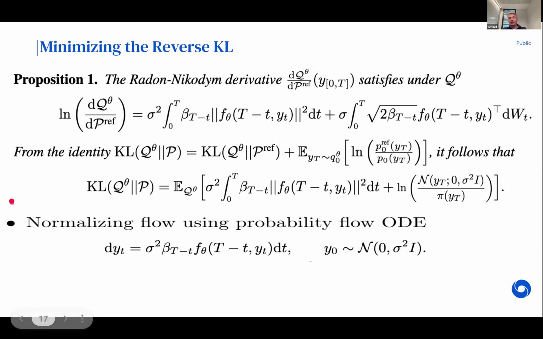Essentially, you end up having to minimize an expectation of this form, an expectation with respect to the distribution of your approximate time reversal. Everything here can be estimated unbiasedly. The gradient can be estimated unbiasedly. So once again, you can learn an approximation to the score. And once you learn the approximation to the score, you simulate from your approximate time reversal, and that gives you an approximate sample from pi.